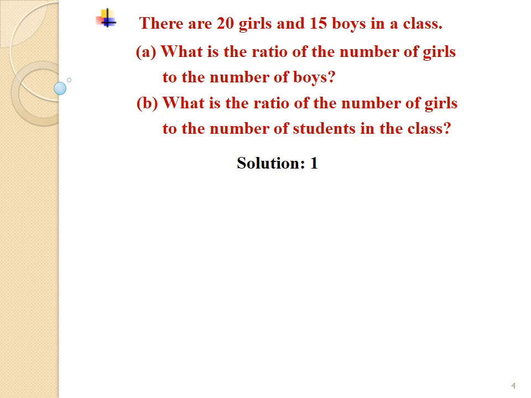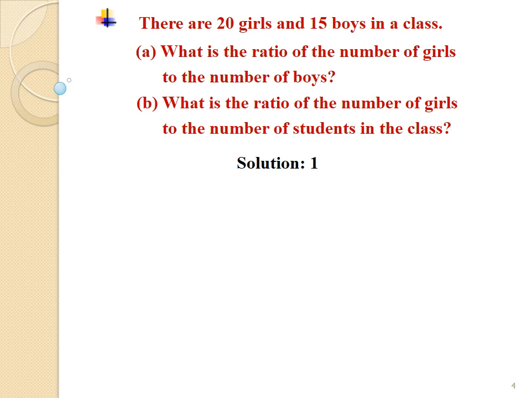Students, we know that the first term of a ratio is called the antecedent, which is nothing but the numerator, and the second term is called the consequent, which is nothing but the denominator. Students, in this sum, the given term 20 is the antecedent and the given term 15 is the consequent.